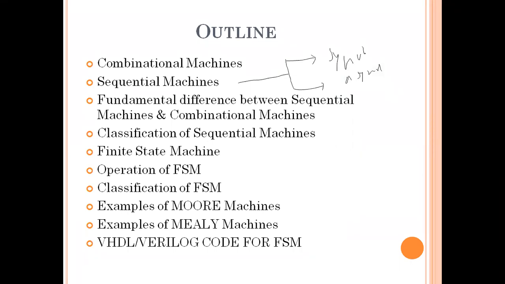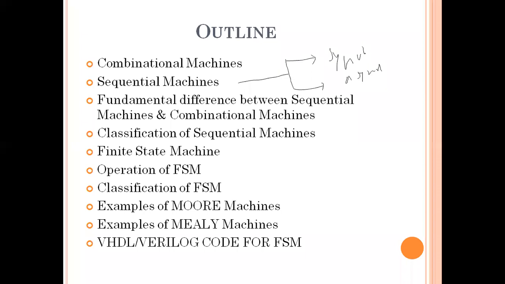What is the FSM? Finite state machine. Where is the finite state considered? Number of states is there, but these are finite, right? For practical purposes, whenever we have to design digital systems, if the system has finite states, it is called a finite state machine, right?